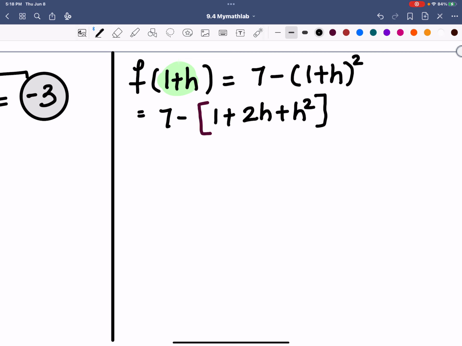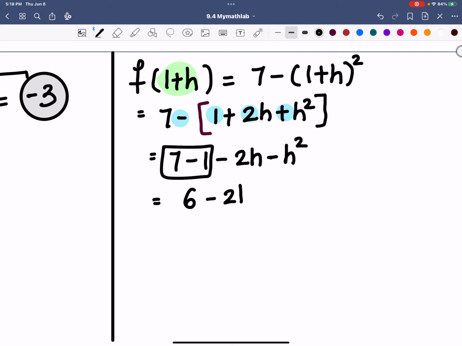Now I'm going to distribute this negative sign to every term. What's going to happen is 7 minus 1 minus 2h minus h squared. And I can combine these two to get 6 minus 2h minus h squared.